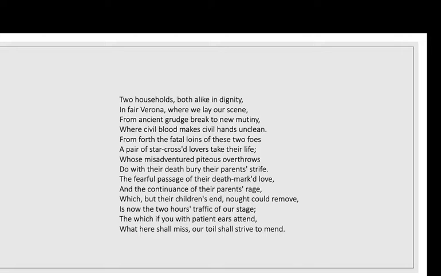The fearful passage of their death-marked love, and the continuance of their parents' rage, which, but with their children's end, naught could remove, is now the two hours' traffic of our stage; the which, if you with patient ears attend, what here shall miss, our toil shall strive to mend.